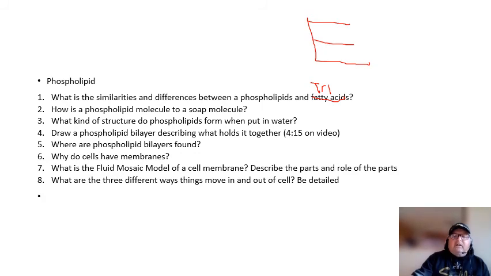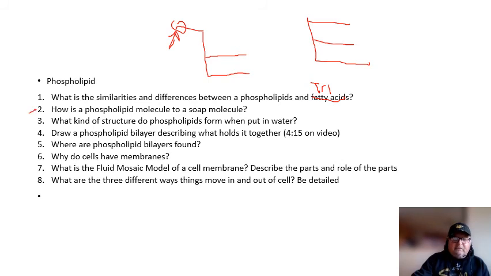A phospholipid also has a glycerol, but instead of 3 fatty acids, it has 2 fatty acids and 1 phosphate. And this phosphate is polar. So this ends up looking kind of like soap. It has a polar head and 2 nonpolar tails. And that's this part here.